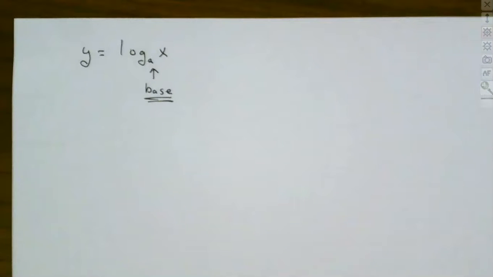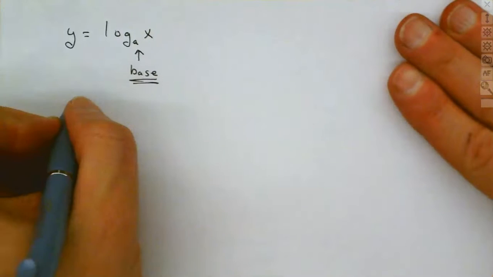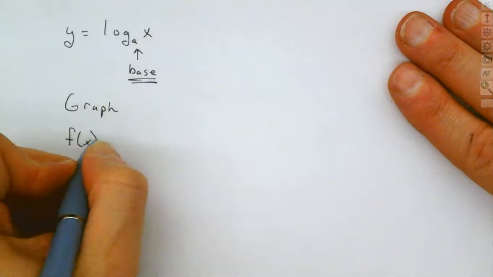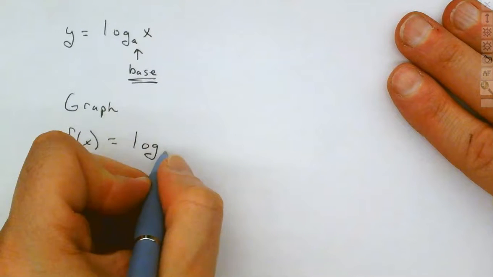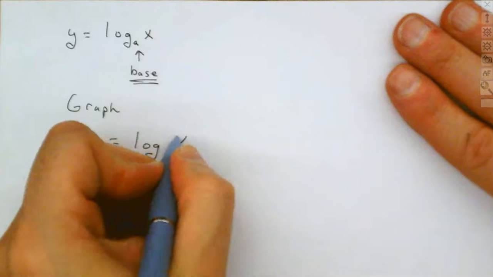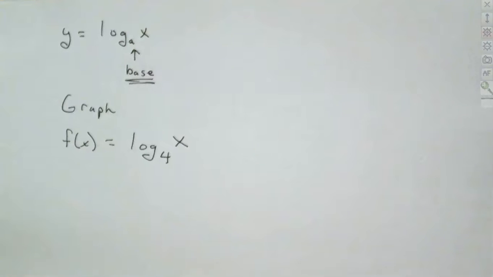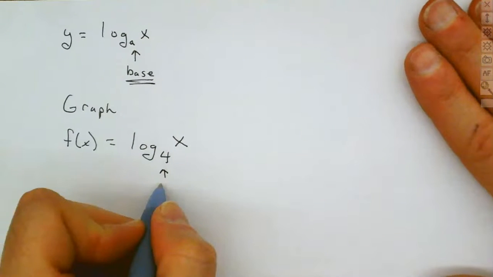So I'm going to give you a couple of these, and we're going to be graphing these logarithms. We'll start with a very, very basic one. So we're going to be trying to graph log base 4 of x. And that's going to be your a.